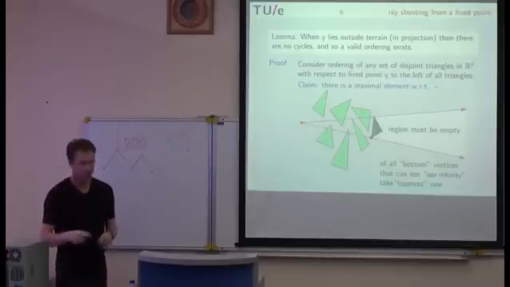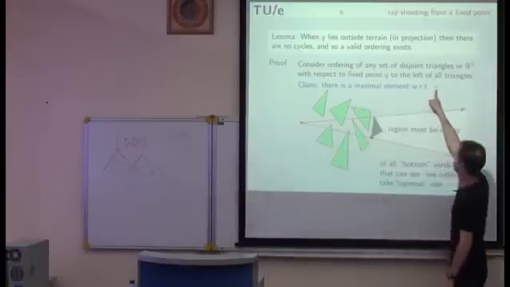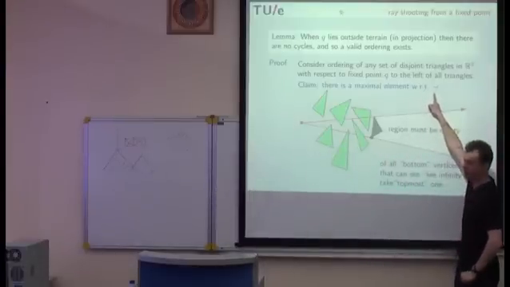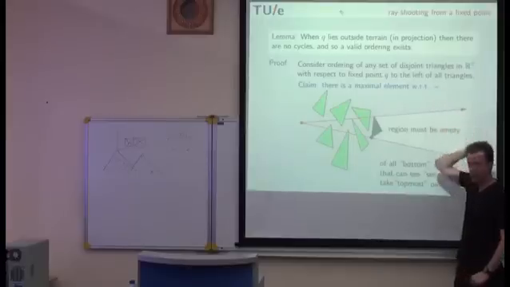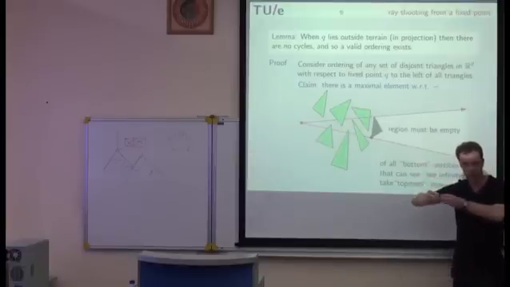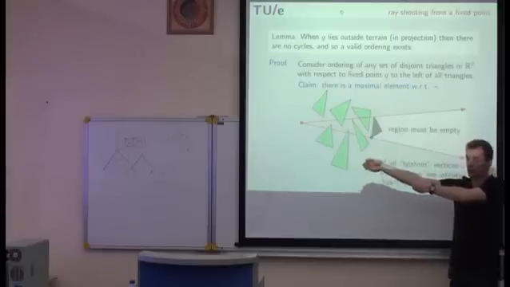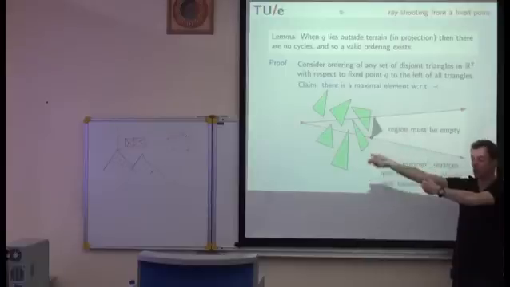The way to prove it is, well, we want an ordering with respect to this comparison operator, and I'm going to prove that I always have a maximal element. In other words, there's always a triangle which is not in front of anything else, so a triangle that could be the last one in the order.